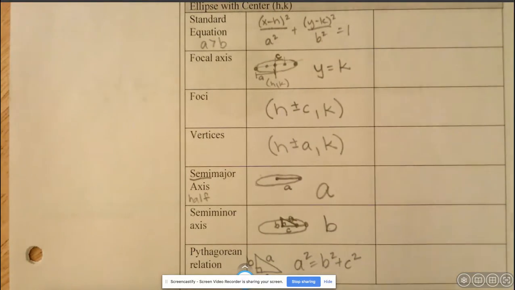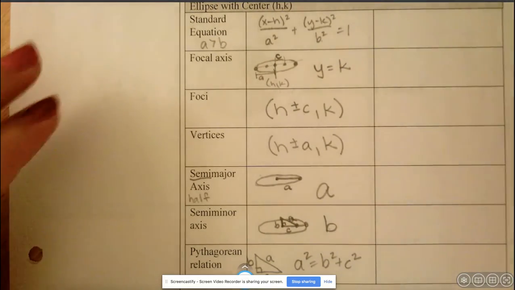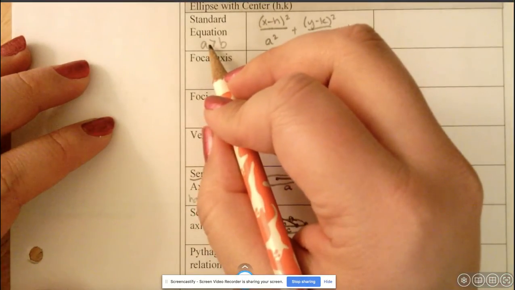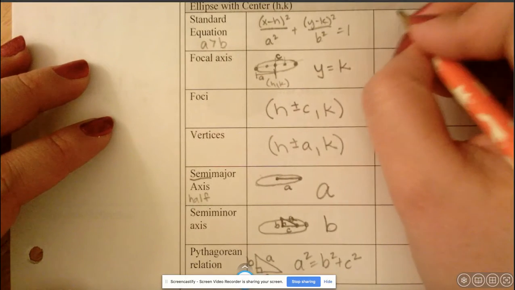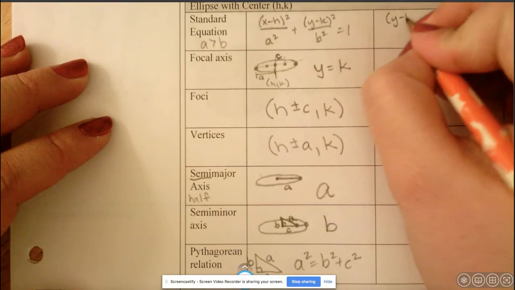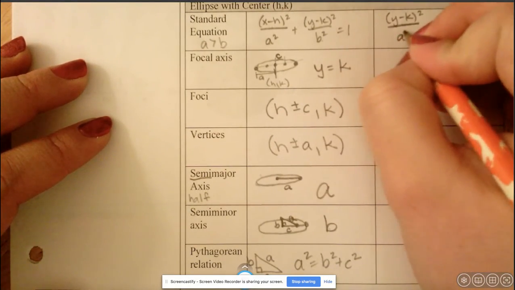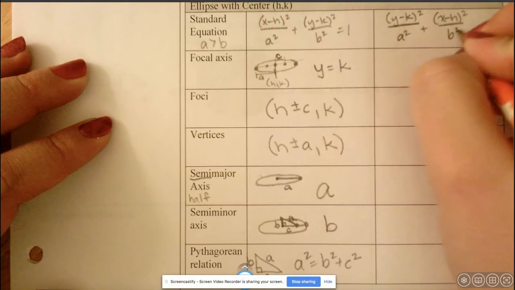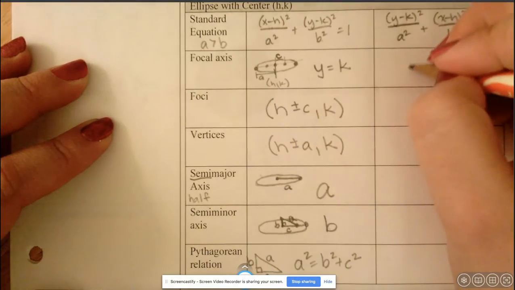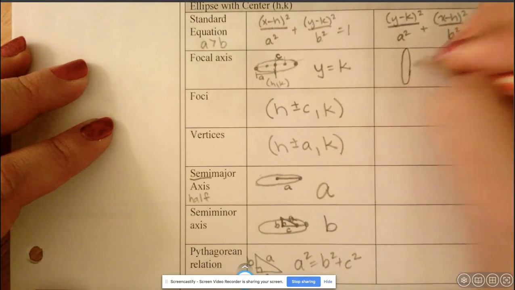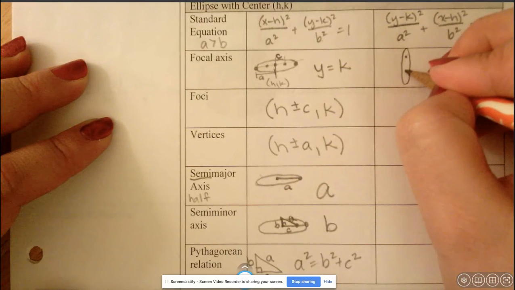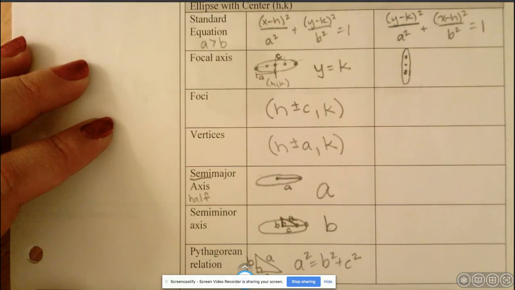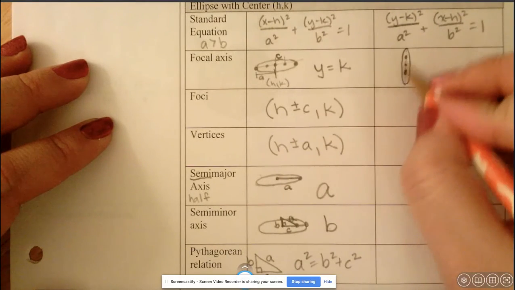And we could do the same process for a vertical ellipse. But now it's our y that will be over a squared, because we said a is our bigger value. So we have y minus k squared over a squared plus x minus h squared over b squared equals 1. Vertical ellipse. So our focal points align vertically.